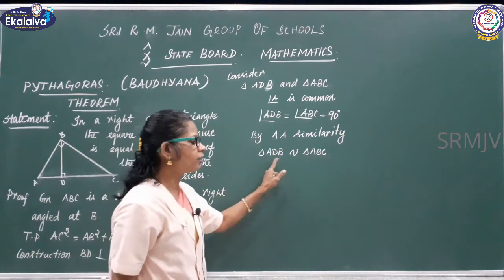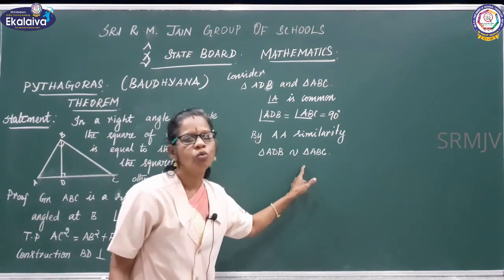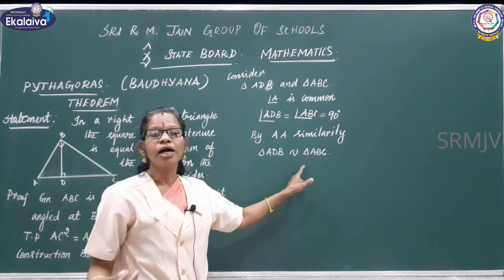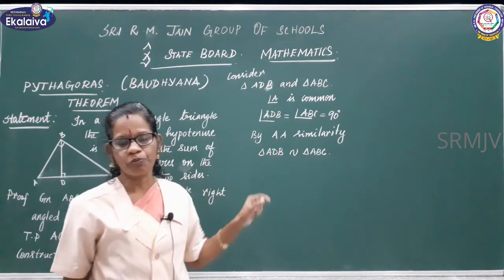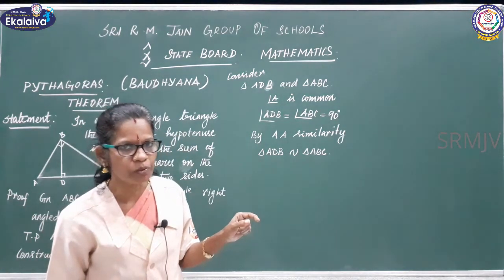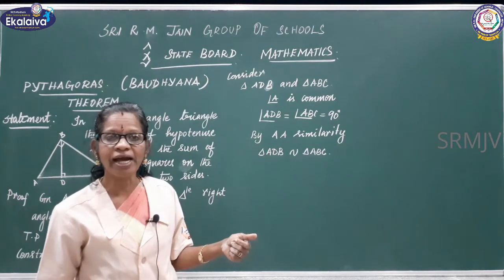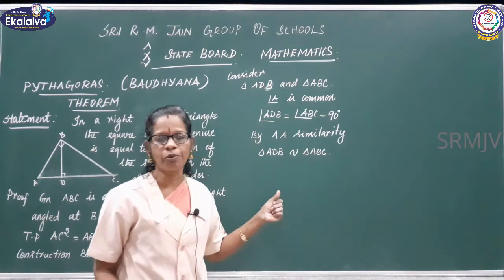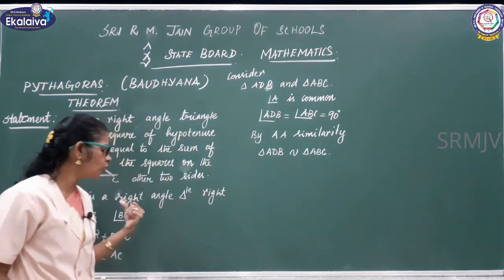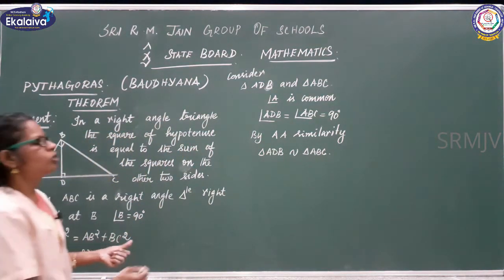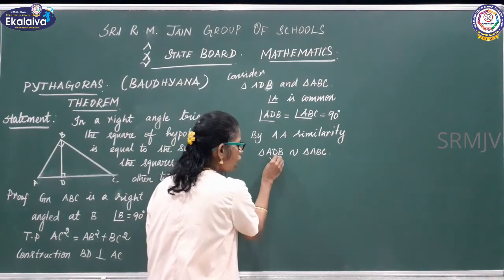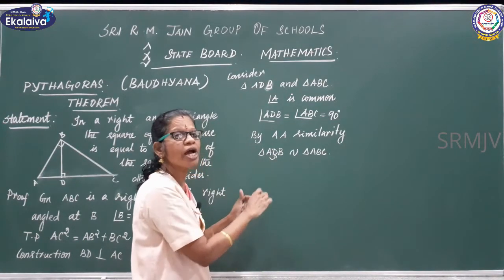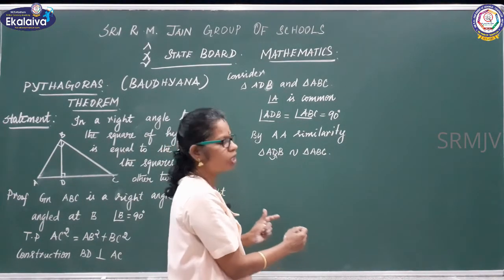Once you say the triangles are similar, what is the next condition? Corresponding sides are proportional and corresponding angles are equal. We are going to use corresponding sides are proportional. Using that only we are going to prove this result, right? So AD, the way I am moving here, the same way I should move in the next triangle also.